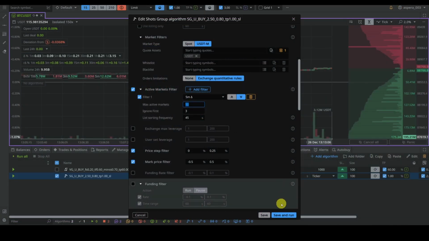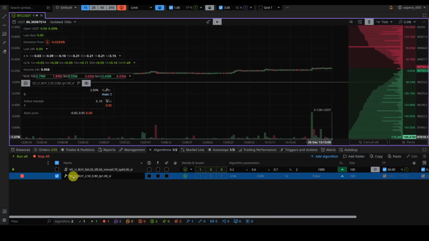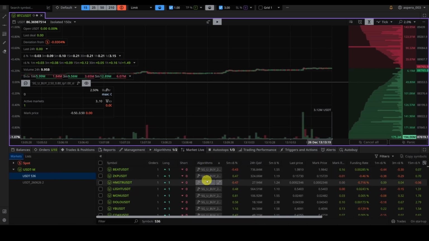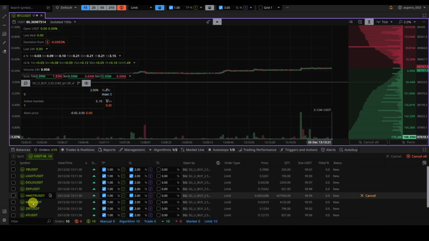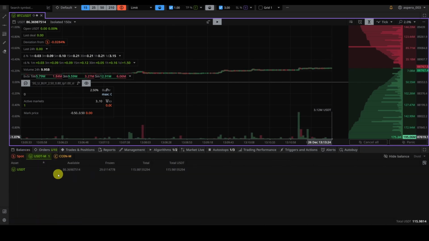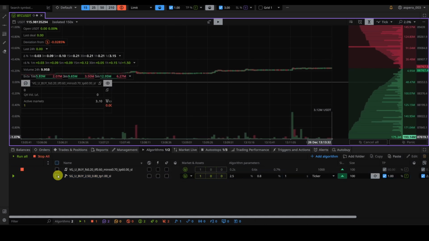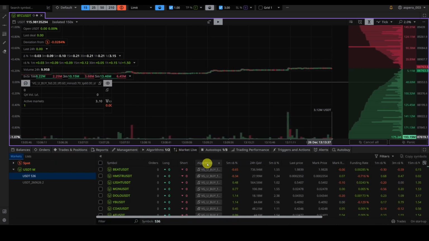It appears that this algo works differently from shots or depth shots in that it does not hold active orders on all the coins included in the algo, which means it does not require a ton of margin to work. Instead, it continuously analyzes the price movement and specifically the individual trades to establish a pattern.